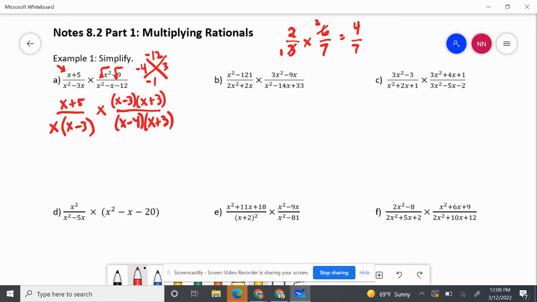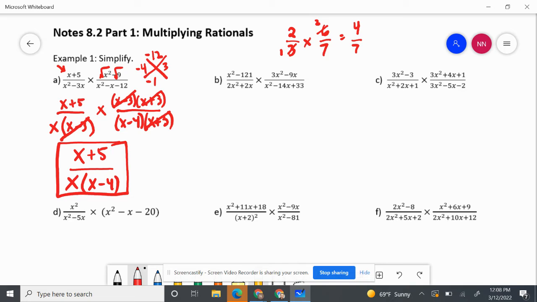Now we're going to cancel. We see that we have the x plus 3's in common. We see x minus 3's in common. So what we have is x plus 5 over, and then we have an x, and then an x minus 4. And that right there would be our answer.